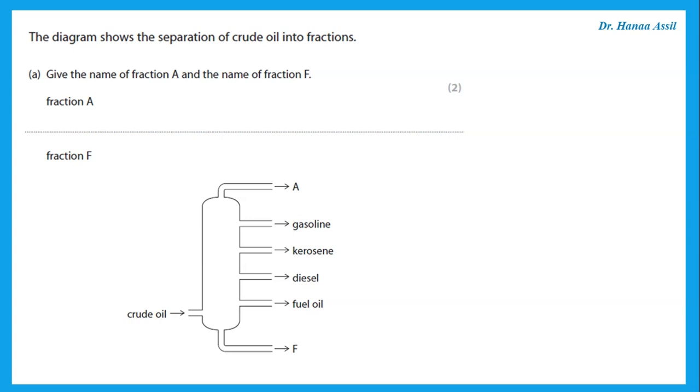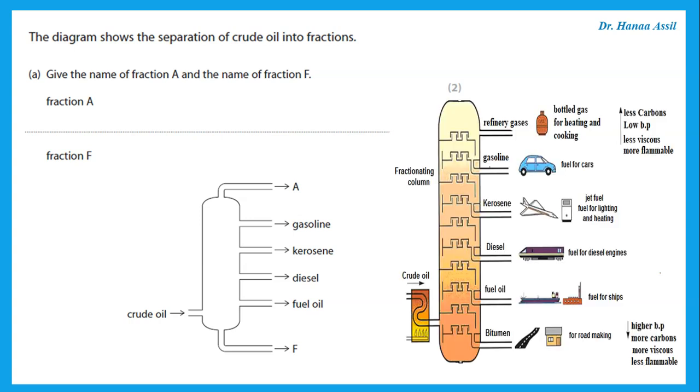The diagram shows separation of crude oil into fractions. Again, I'm going to remind you, you are required to know the order in which these fractions come out and the uses of each one. So, what is fraction A? Fraction A is the one on top, that is the refinery gases. Again, that means the ones on top are the ones with fewer carbons and lower boiling point.